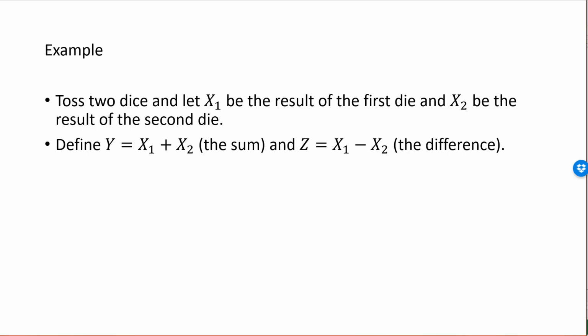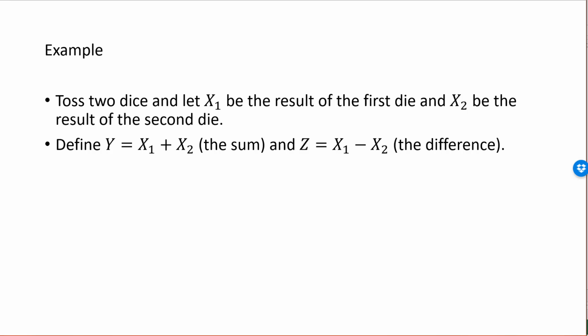So let's try to think what the covariance between y and x1, what would the sign of that one be? Well, the way that you can argue is as follows. If x1 tends to be high, that is, you toss a high result for the first die, 5 or 6, well, then the sum tends to be high.